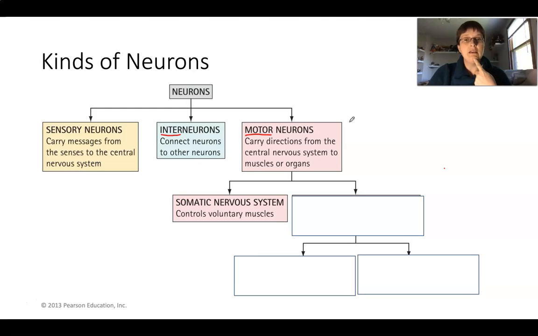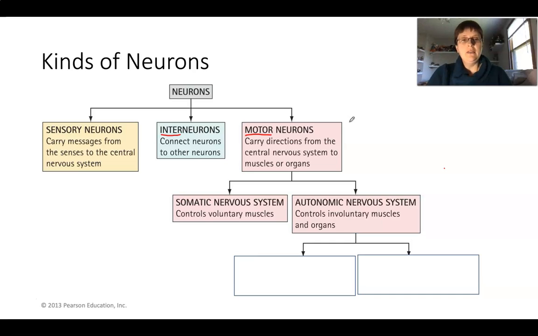Those are voluntary muscles. So right now I'm firing my motor neurons. I'm telling my brain what I want to say. My motor neurons are firing, and I'm using that somatic nervous system to be able to talk and move my hands. On the other hand, we have what we call an autonomic nervous system.